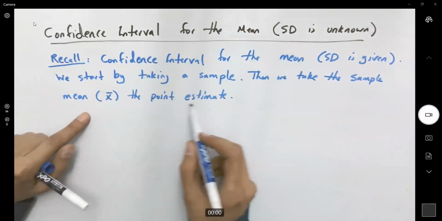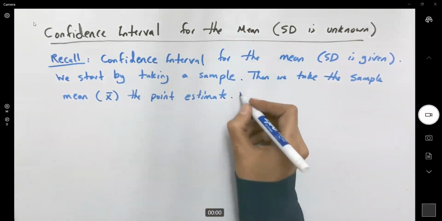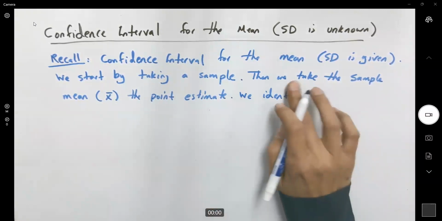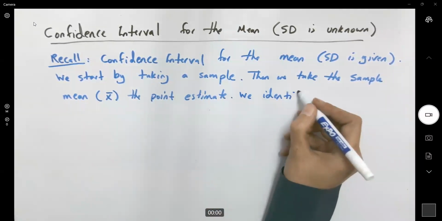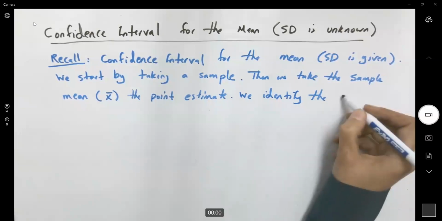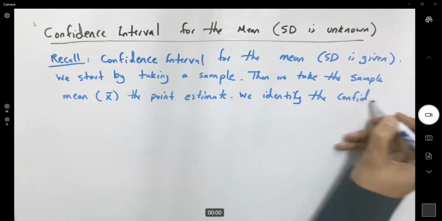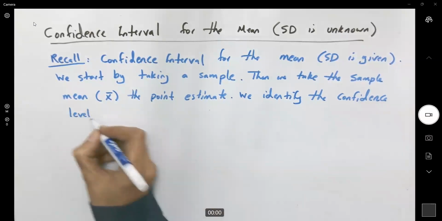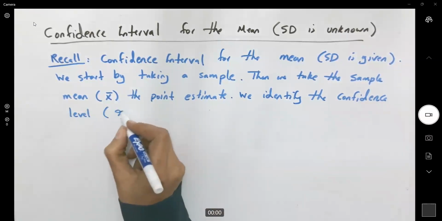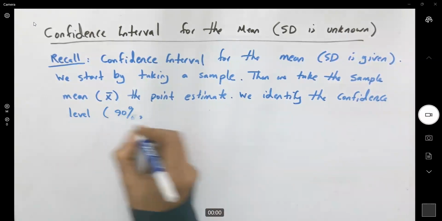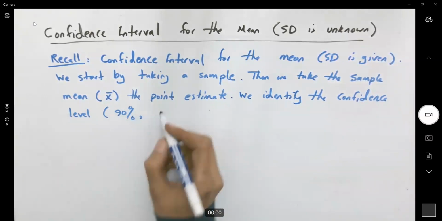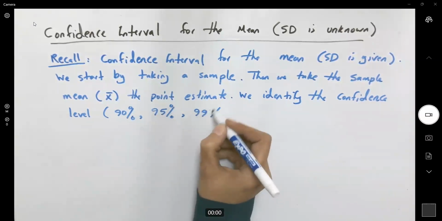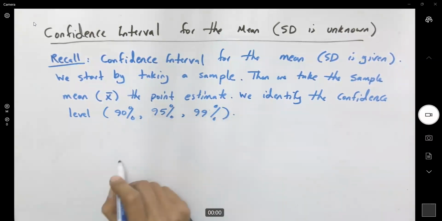After finding the point estimate, we identify the confidence level. Remember that it was 90%. These are the popular ones: 90%, 95%, 99%, and so on.